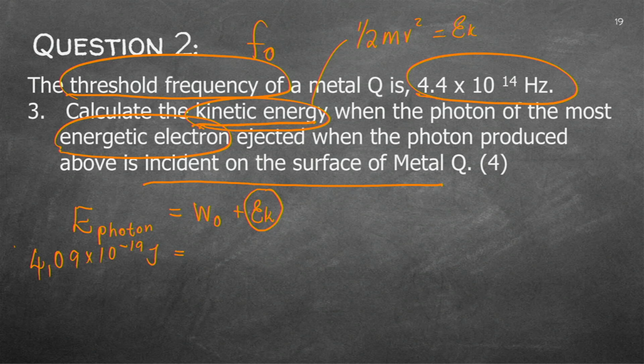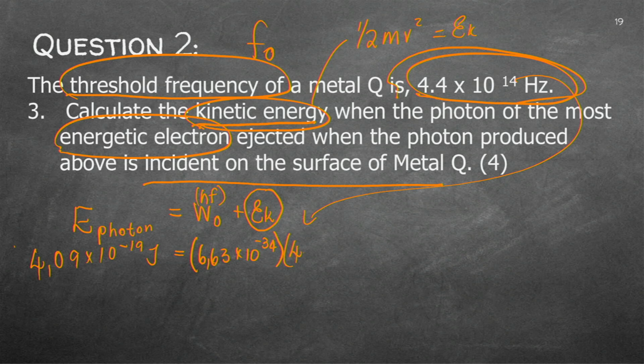I have the threshold frequency, not the work function. So I can calculate again hf. It's also applicable here. I'm going to put in Planck's constant and multiply that with this frequency that they gave me now, 4.4 times 10 to the 14, and I'm going to calculate the kinetic energy.